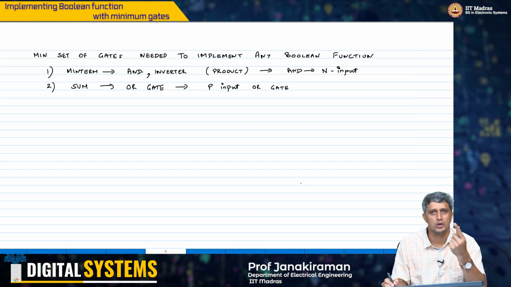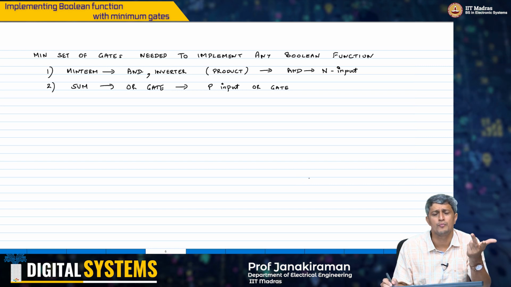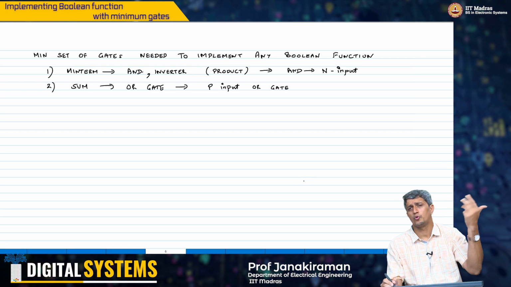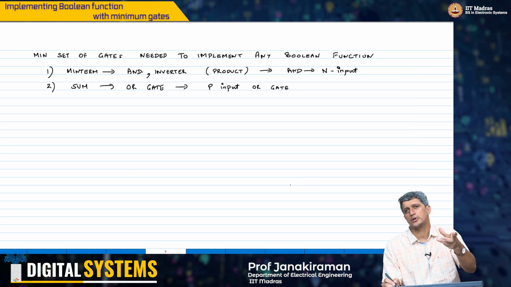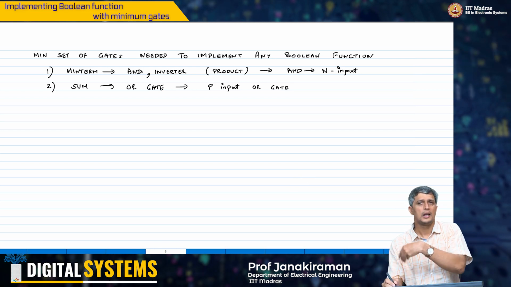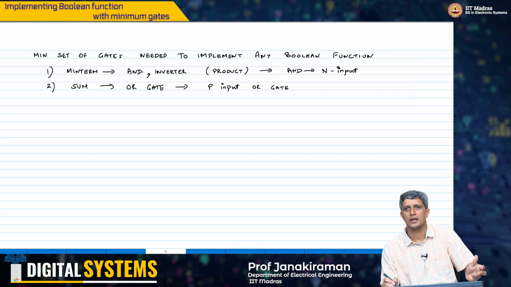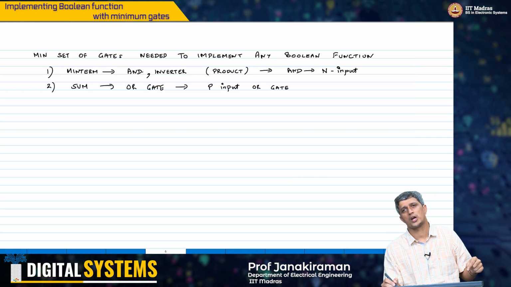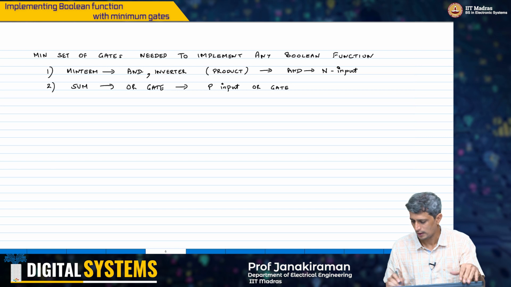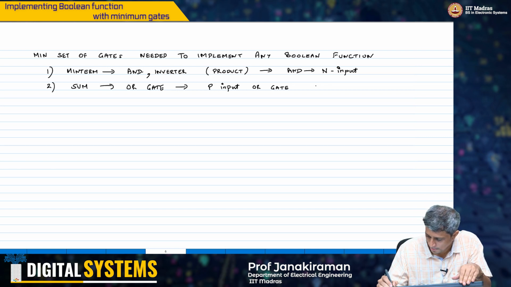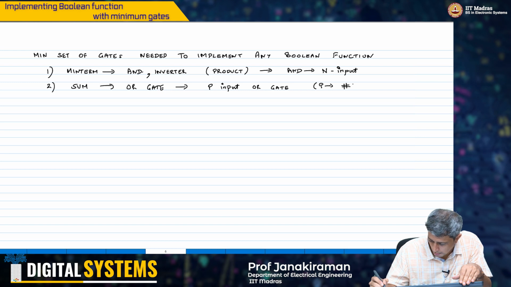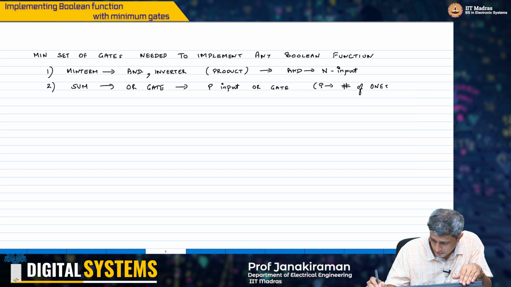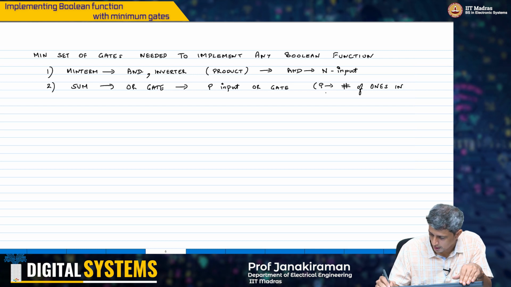So just like we had a 2 input, 3 input, you can have any input OR gate, right? What does the any input OR gate do? If any one input happens to be 1, the output will be 1. Likewise, an n input AND gate, only when all the inputs are 1, the output will be a 1, right? P input OR gate, where P is the number of ones in the truth table.